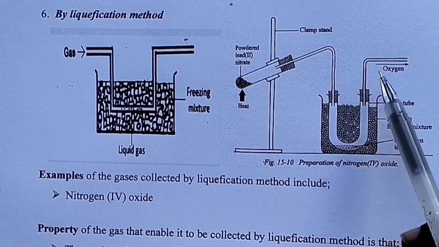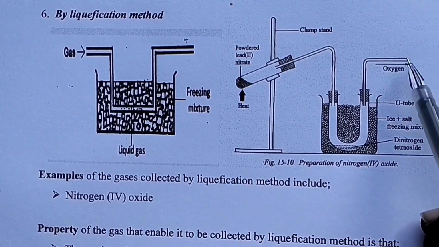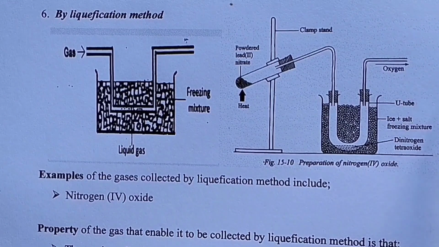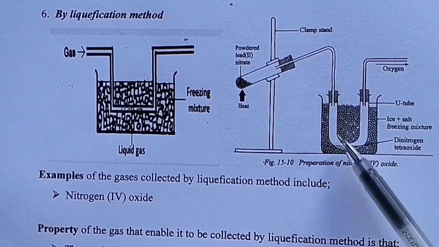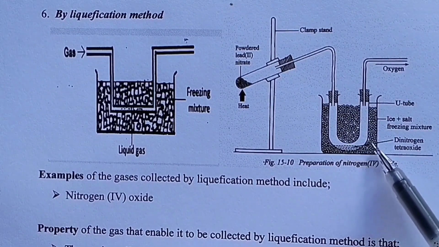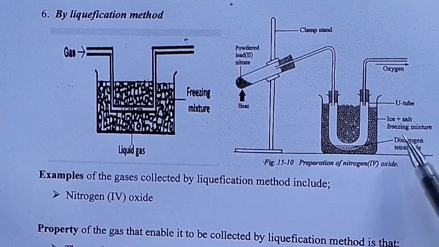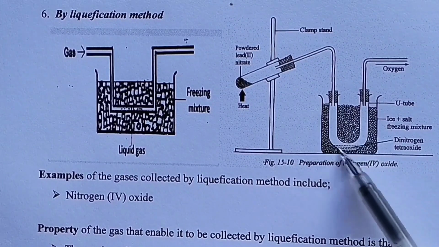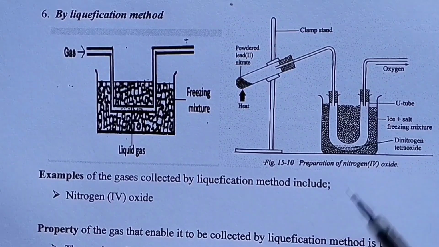Then the oxygen can be collected over water, or it can be dried and collected by upward delivery tube or the use of a syringe. Then we are having here nitrogen peroxide, which is liquefied to form dinitrogen tetroxide in the tube, which is cooled in ice plus salt freezing mixture. So this is how nitrogen peroxide is collected.